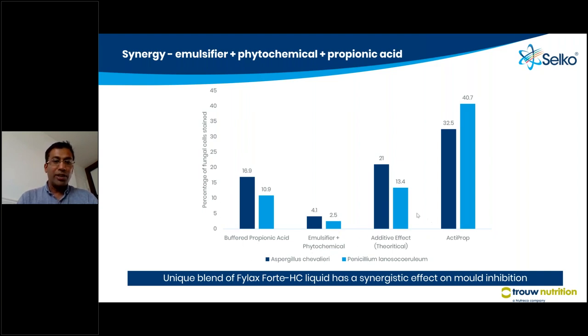So clearly, when we use ActiProp against two different molds, Aspergillus and Penicillium, we see that the ActiProp technology is far better, and you see the synergistic effect of combining the buffered propionic acid and emulsifier leads to far better mold inhibition, or cell penetration.